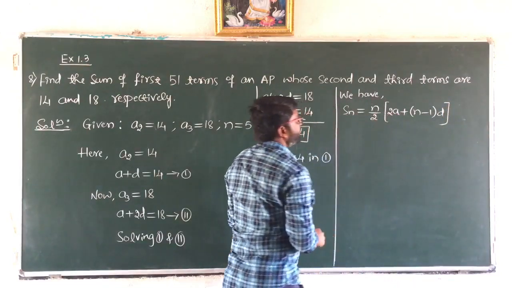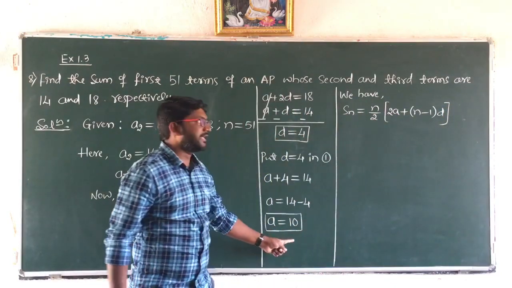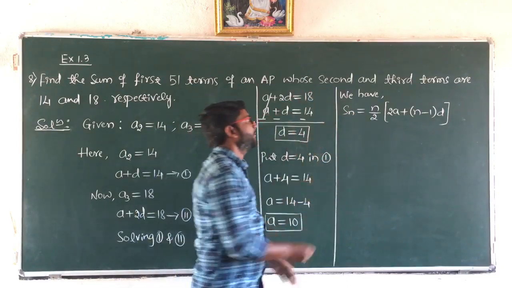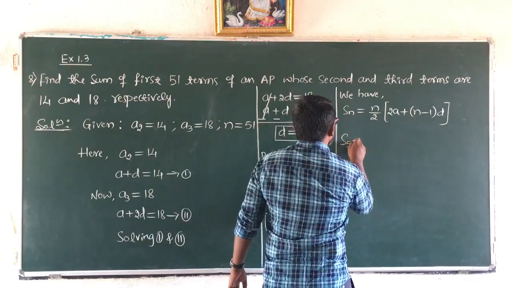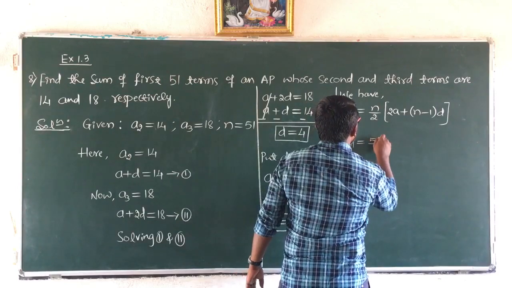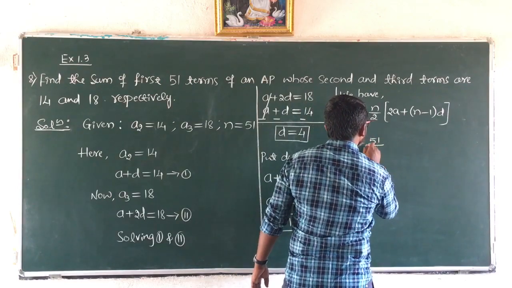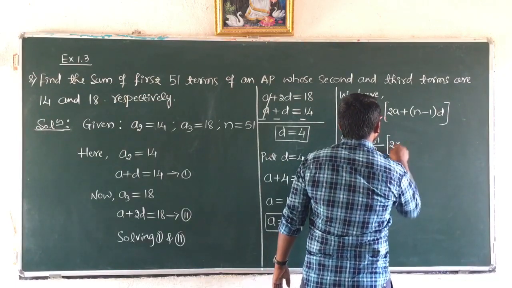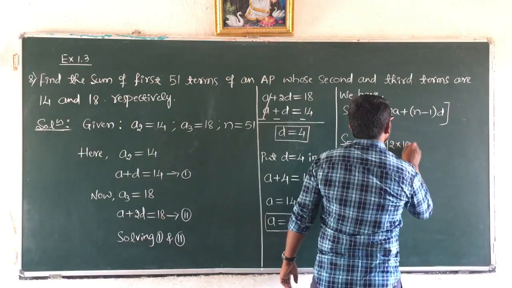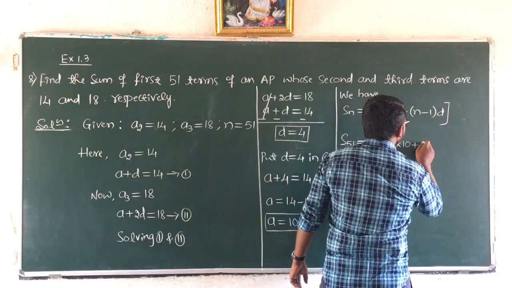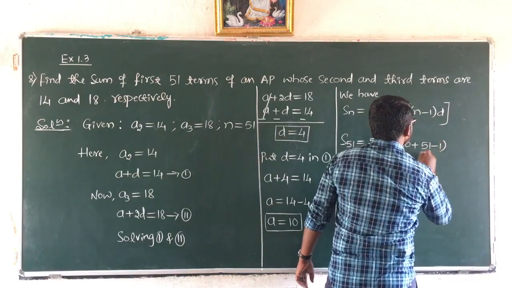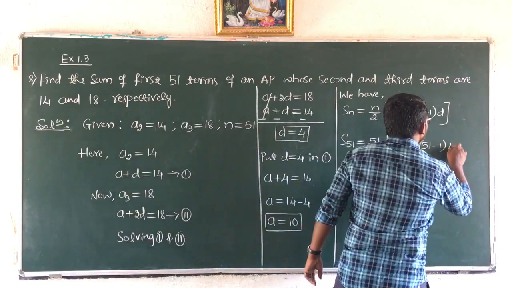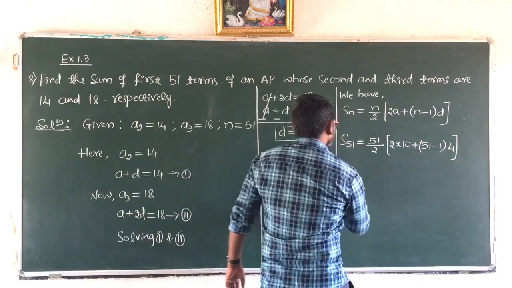So now here A value it is 10, D value it is 4, and n value will be 51. So S51 which is equal to 51 divided by 2, then into the bracket 2 into A it is 10 plus 51 minus 1 into D. What is D here? It is 4. Then simplify this.